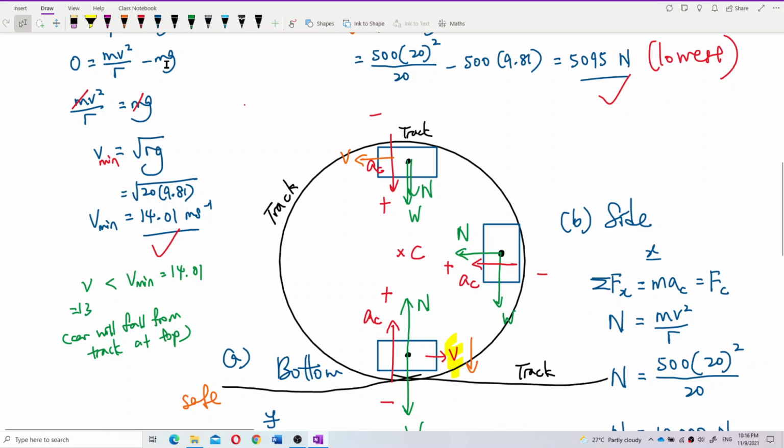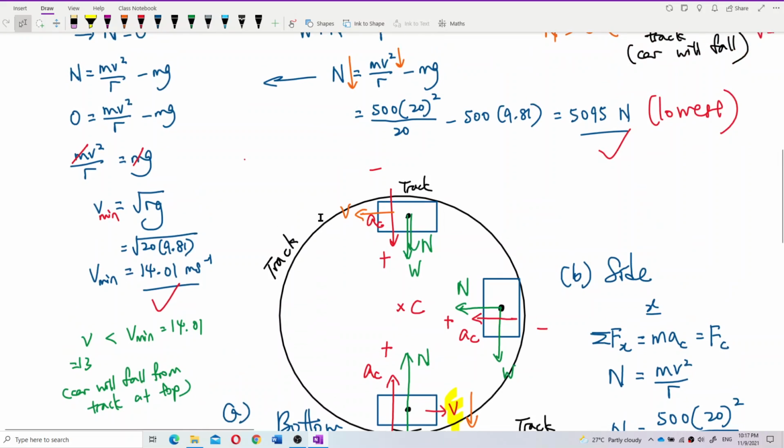There is not enough speed to have the needed normal force. The car will fall. Too slow. This is why I say 13 meters per second is too slow. If you want to maintain the car on the track, you must have at least 14.01 meters per second. If less than that, like 13 meters per second, the car cannot stay on the track. It will fall down from the top position, and an accident will happen.